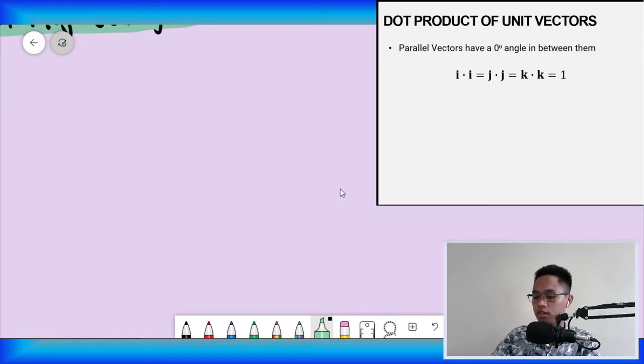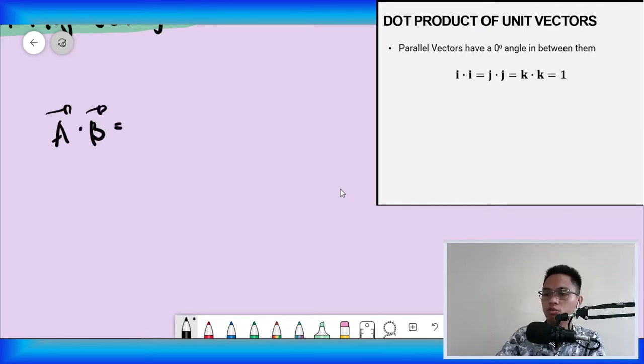Let's consider this situation. For example, we have A dot B. From the formula, the dot product of two vectors would just be the magnitudes of the two multiplied times cosine theta.